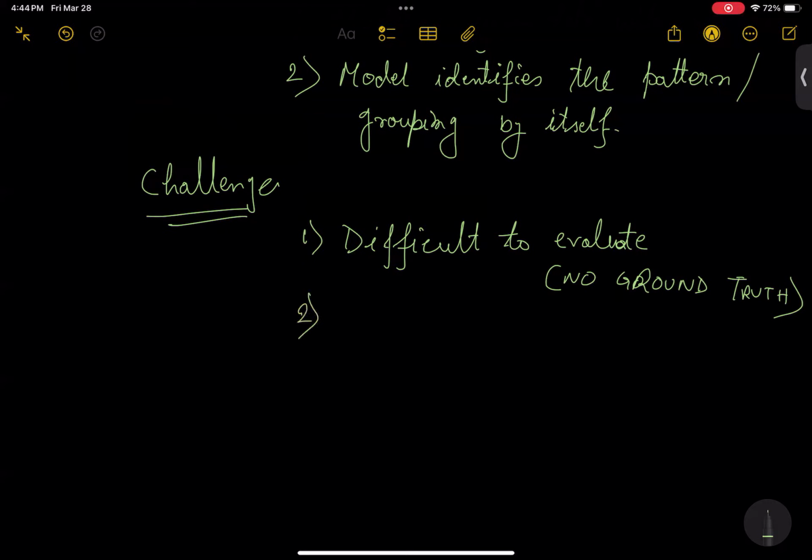The results that we get might not align with human categories.